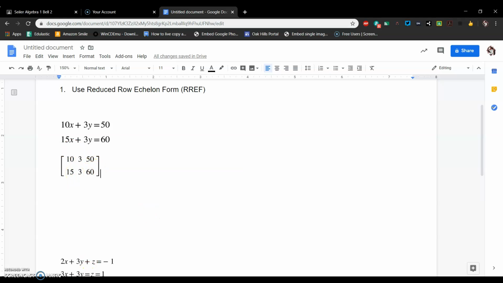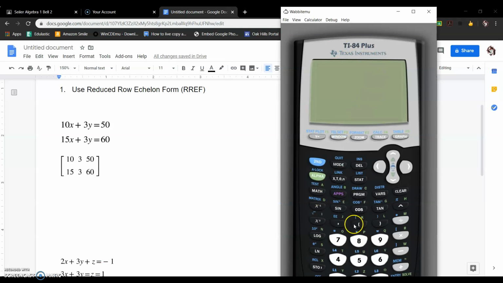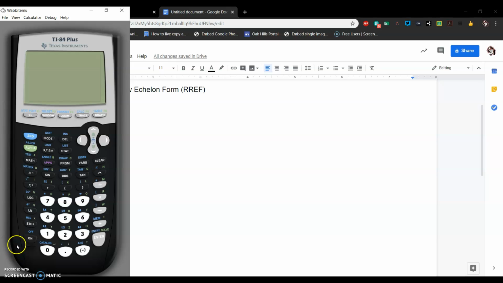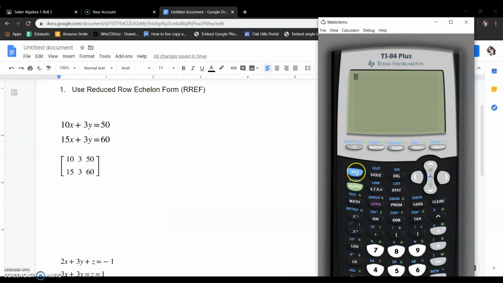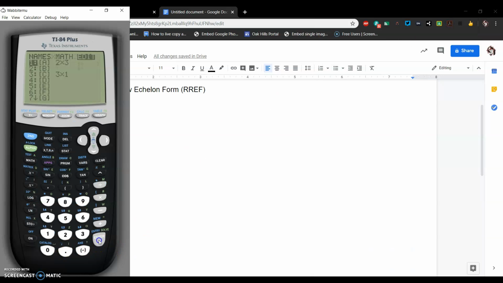Pretty quick, pretty easy. Now, we're going to use our graphing calculators to solve these and do all the work for us. So from our graphing calculator, we are going to call up our matrix menu again. I'm going to edit it. I'm going to create this 2 by 3 matrix, and I'm going to enter in those values. So it's a 2 by 3.